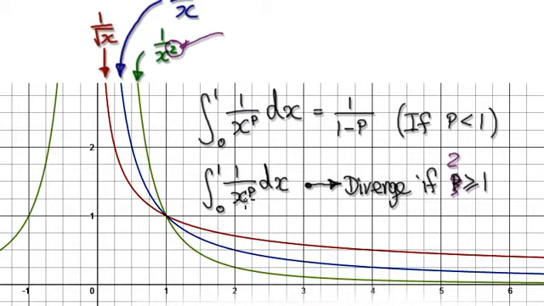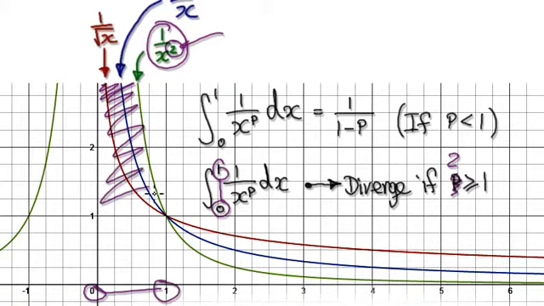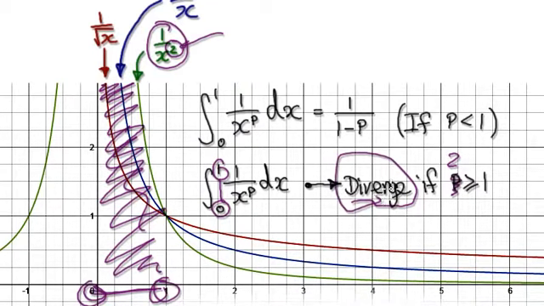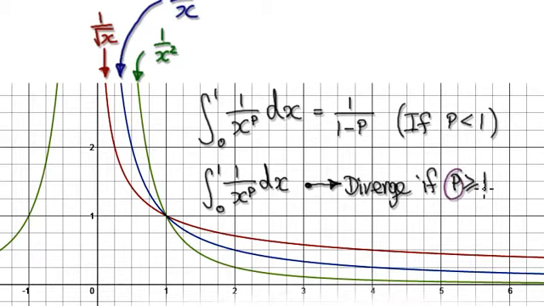So if you're trying to find out the area from 0 to 1 of this thing here, so that's this area here, this area will actually diverge. So if p is equal to or greater than 1, the area from 0 to 1 will diverge.